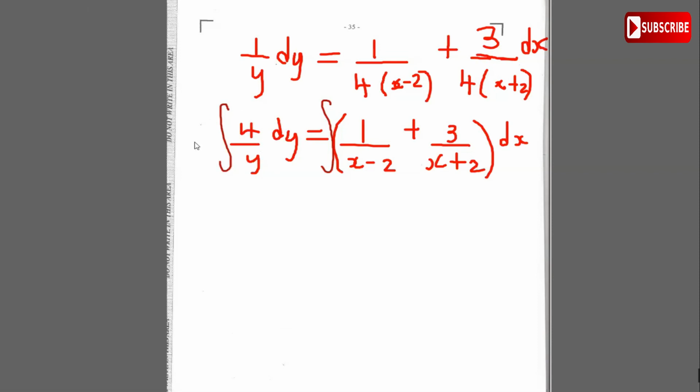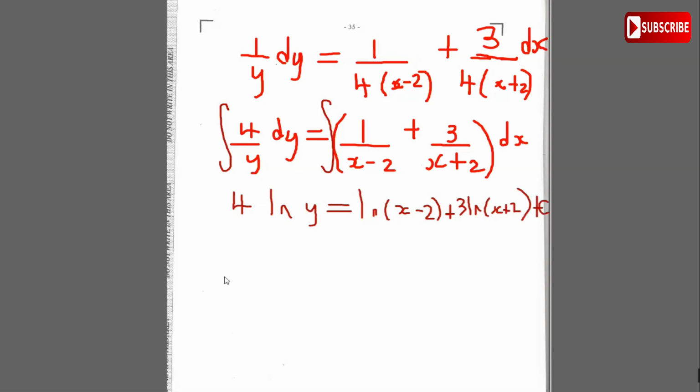When you integrate that, you can factor out the 4, and you're going to get 4 ln y is equal to the integral of 1 over x minus 2, which is just ln of x minus 2, plus, when you integrate 3 over x plus 2, you get 3 ln of x plus 2, plus some constant of integration c.